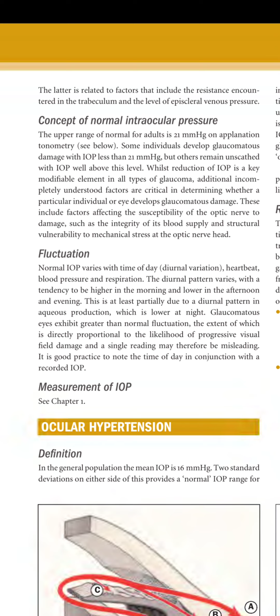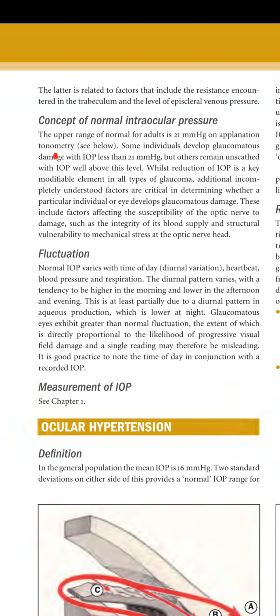While reduction of IOP is a key modifiable element in all the types of glaucoma, additional incompletely understood factors are critical in determining whether a particular individual or eye develops glaucomatous damage. These include factors affecting the susceptibility of the optic nerve to damage, such as the integrity of its blood supply and structural vulnerability to mechanical stress at the optic nerve head.